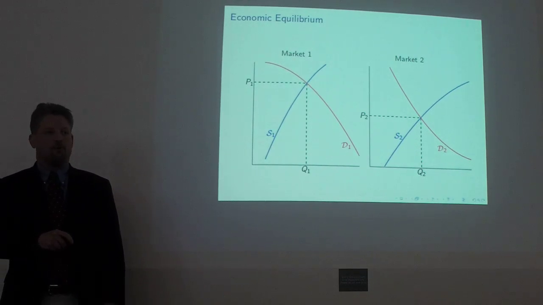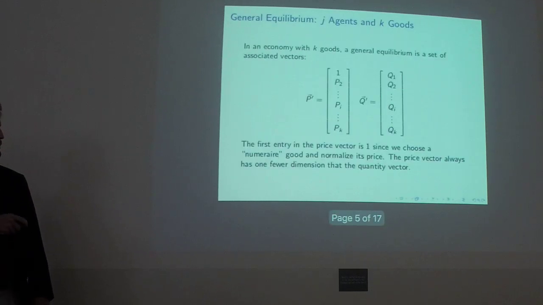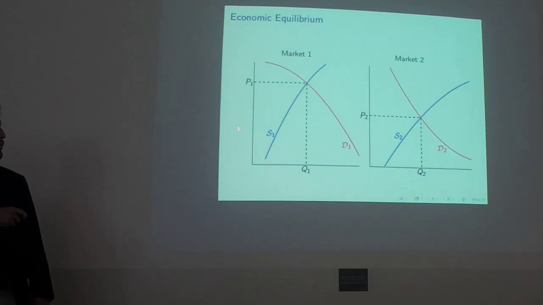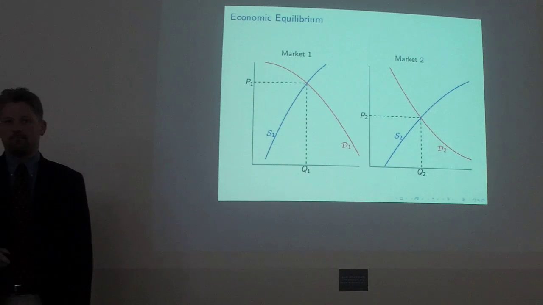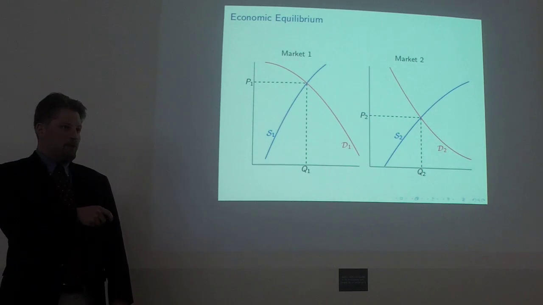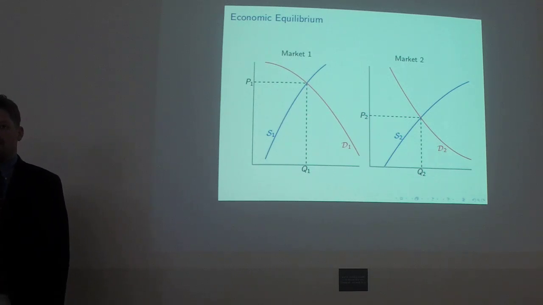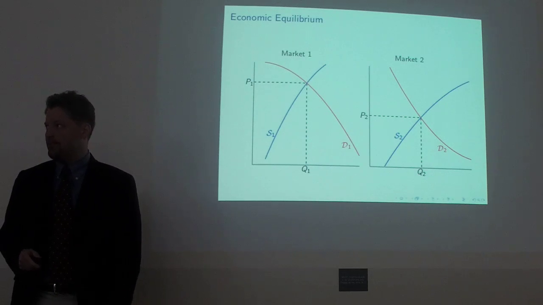That's not terribly important for my present purposes, but the point is this market here with a price and a quantity for a certain good is what we call a partial equilibrium. This is a different partial equilibrium. If you consider these two markets in equilibrium simultaneously, that's an example of a general equilibrium.